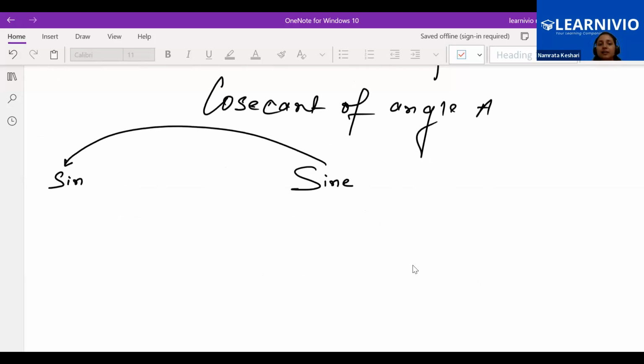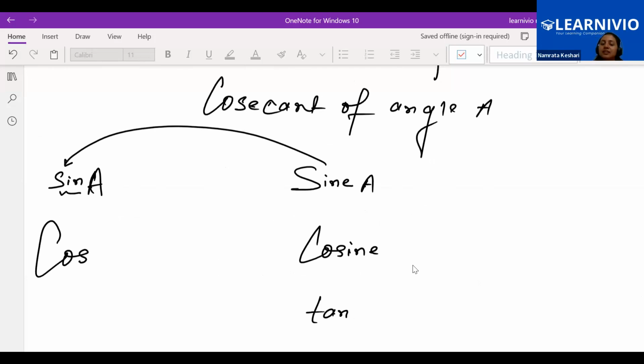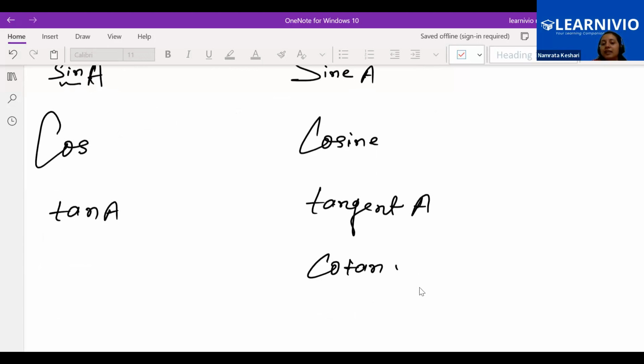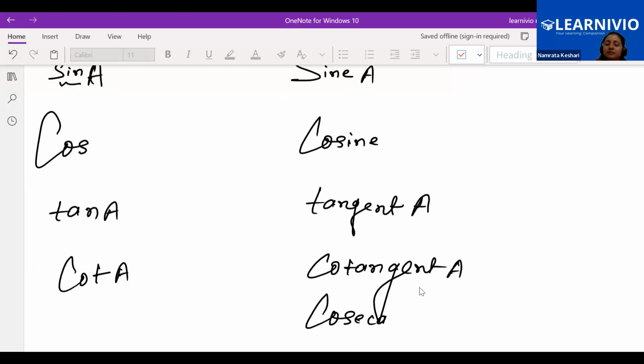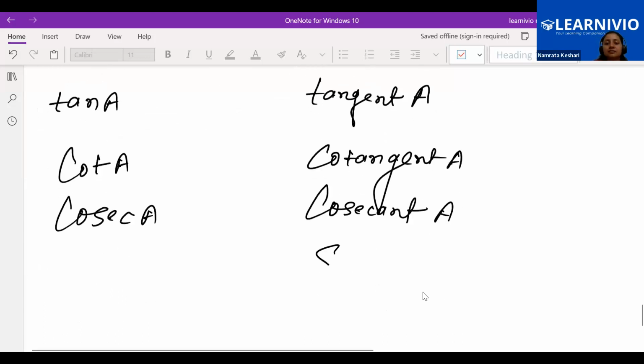We write it in a shorter way, sine theta, sine A. Similarly, cosine can be written as cos, tangent can be written as tan A, cotangent of any angle A can be written as cot A, cosecant of any angle A can be written as cosec A, and secant of any angle A can be written as sec A.